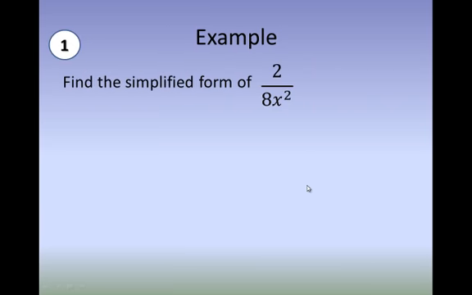Let's take for example, find the simplified form of 2 over 8x squared. We can factor the numerator as 2 times 1 and the denominator as 2 times 4x squared. As you can see, I factored out the GCF of the numerator and the denominator.